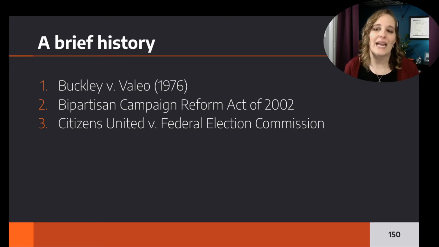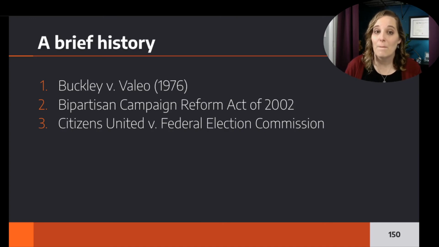It also created the stand by your ad provision. If you've ever seen a political ad, you have probably noticed that at the end, the candidate typically says, "I'm so-and-so and I approved this message." That was created by the Bipartisan Campaign Reform Act of 2002.